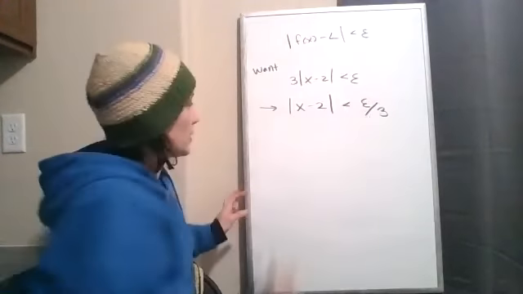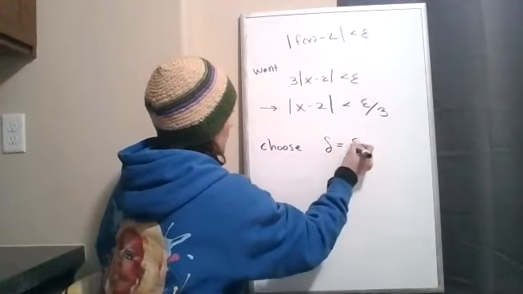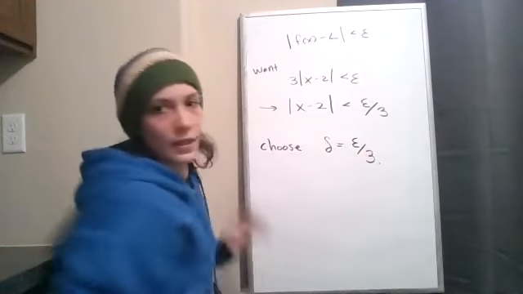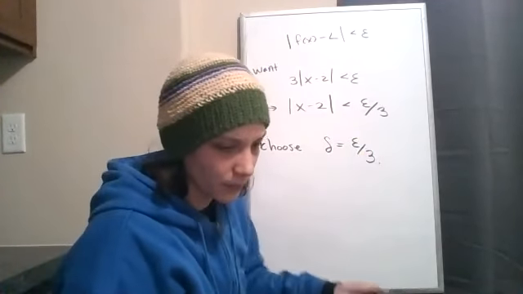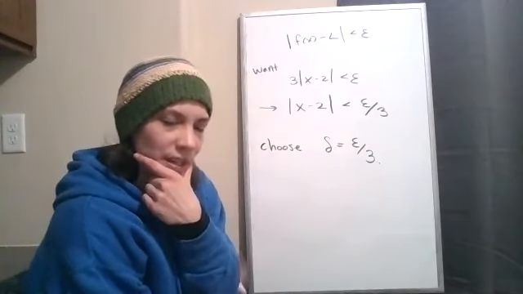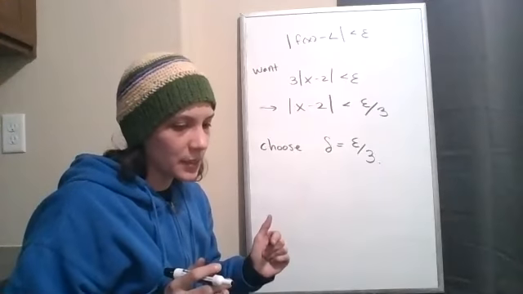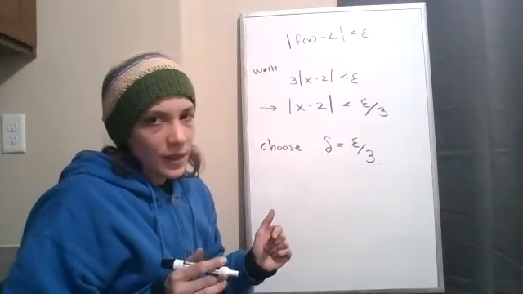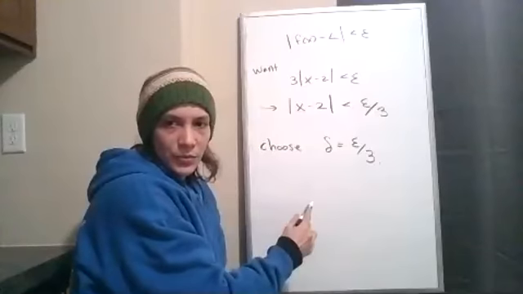So let's choose delta equal to epsilon over 3. Oh, I think I jumped around and put the first step and the second step together a little bit. Well, let's end there. As good scratch work, we'll come back and write up this proof.